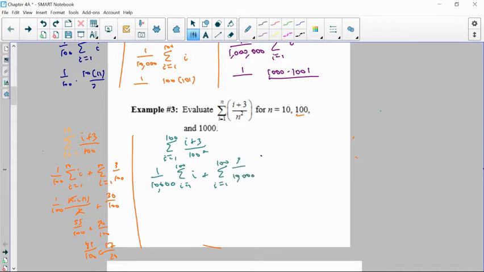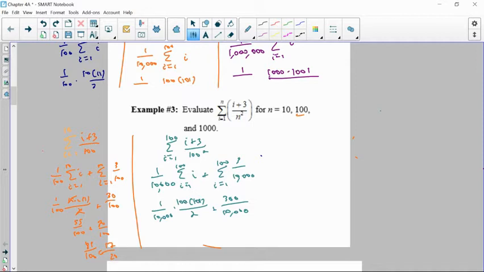And then again, we could evaluate this. That's 100 times 101 over 2, plus 3 over 10,000 times 100, or 300 over 10,000. And again, if you wanted to simplify that, certainly you could.